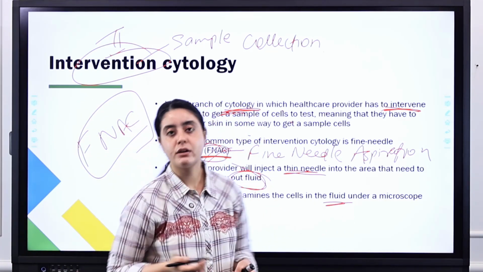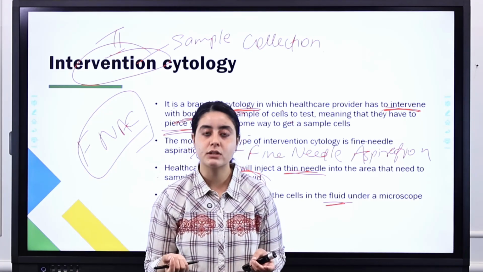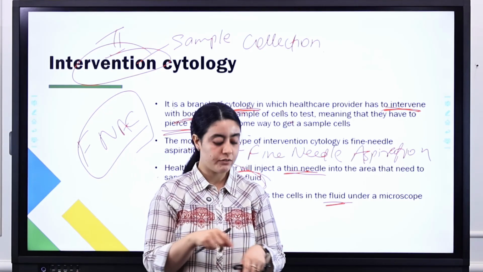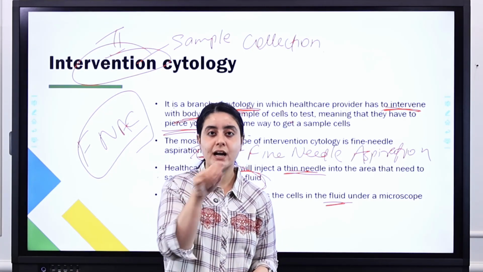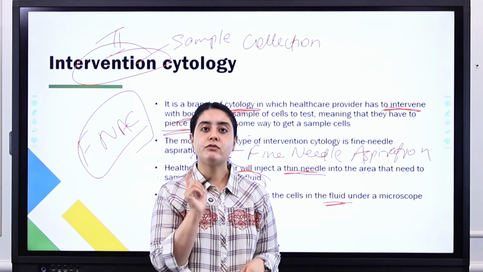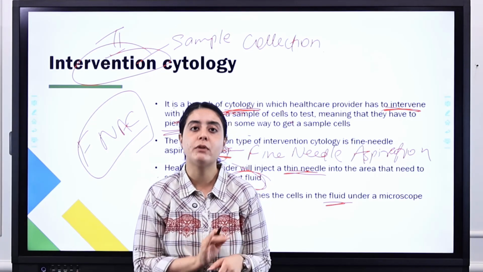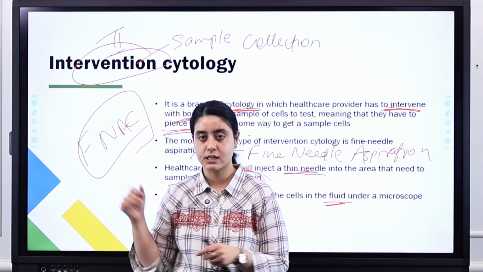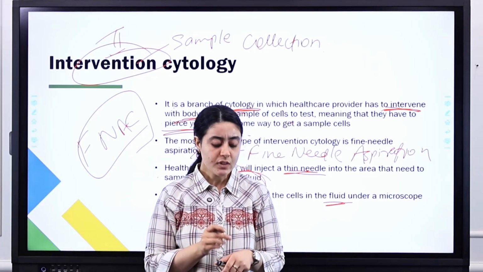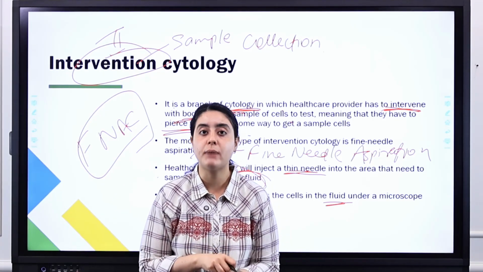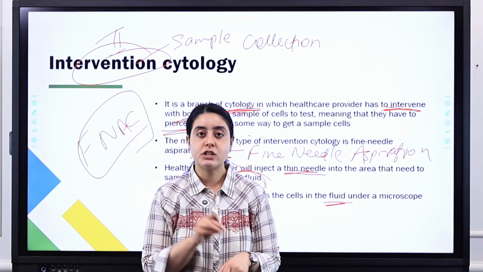The healthcare provider or the technician first takes out a sample of the fluid from the area that shows some deformity. Whenever we perform FNAC, as we have also discussed in this lecture, we have to first check the palpation.